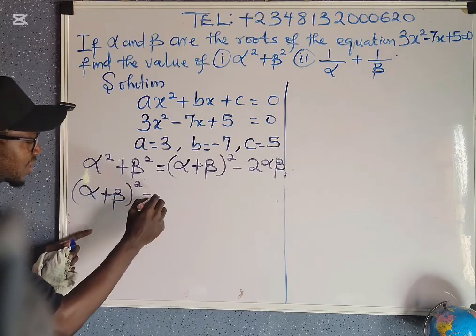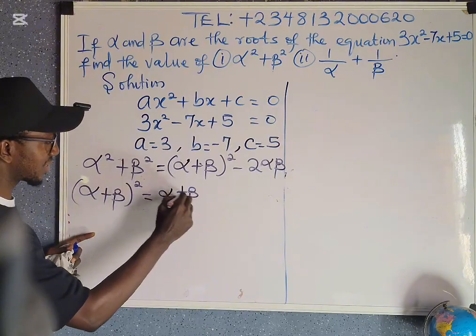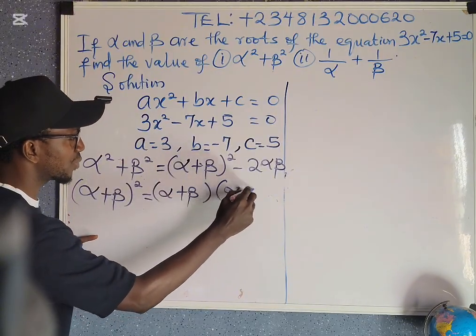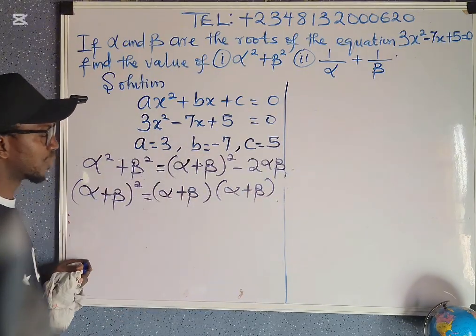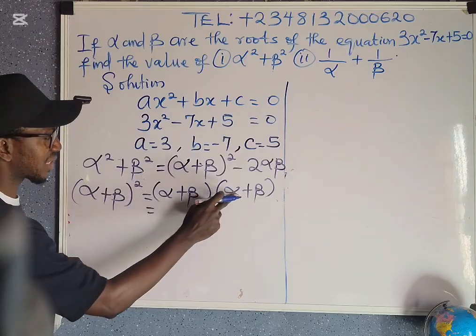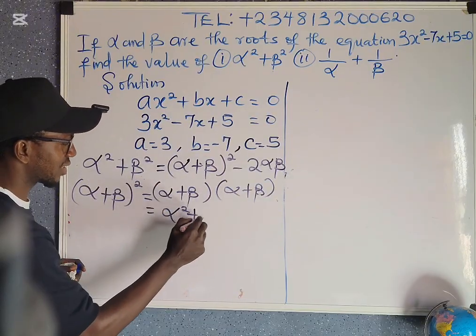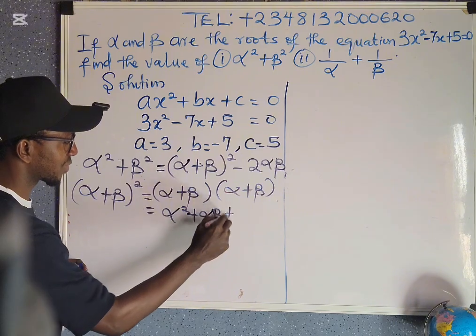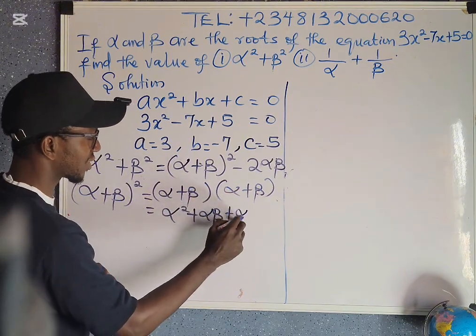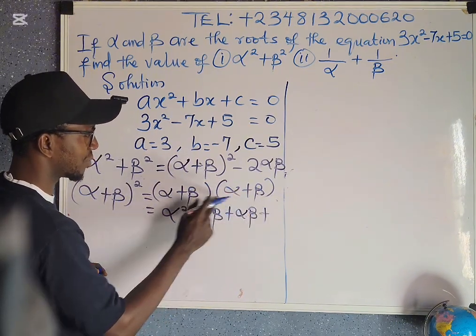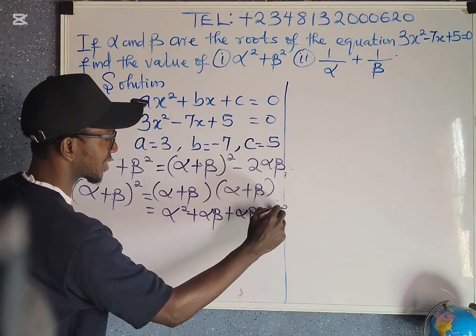So alpha plus beta all squared is the same as this in two places. So if we multiply it together, alpha times alpha is alpha squared, alpha times beta is alpha beta, beta times alpha is alpha beta, beta times beta is beta squared.